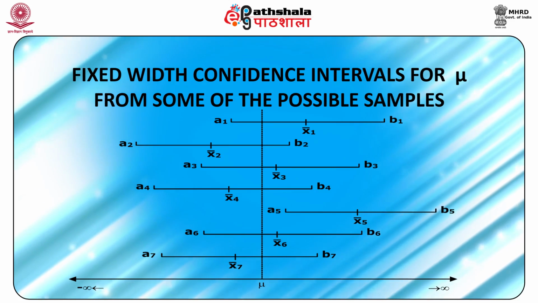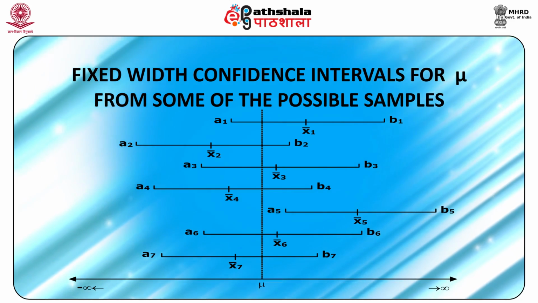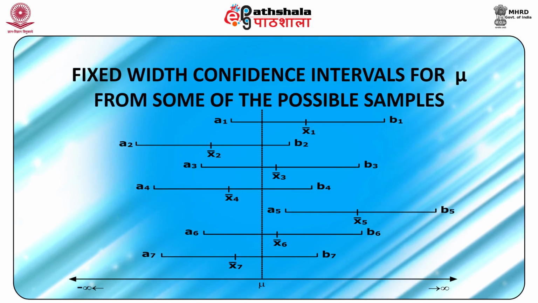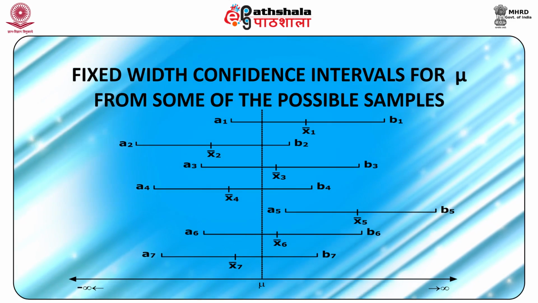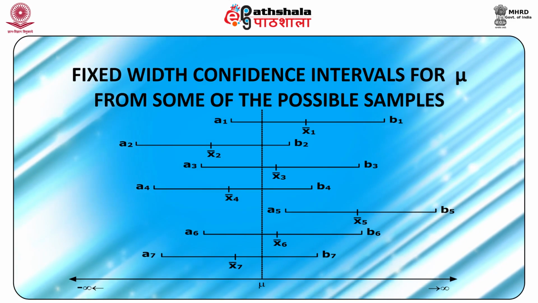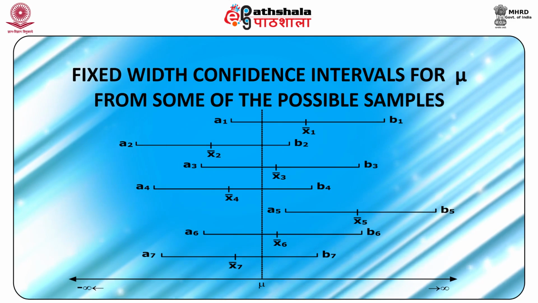Now this is illustrated with the help of some of the possible intervals in our figure 3. The intervals ai and bi of equal width are centered at xi bar for the ith sample.